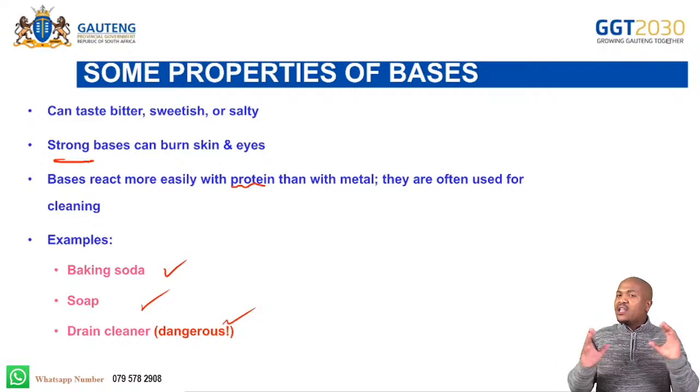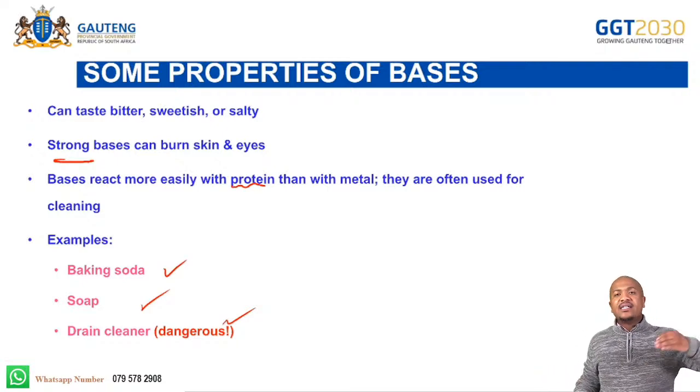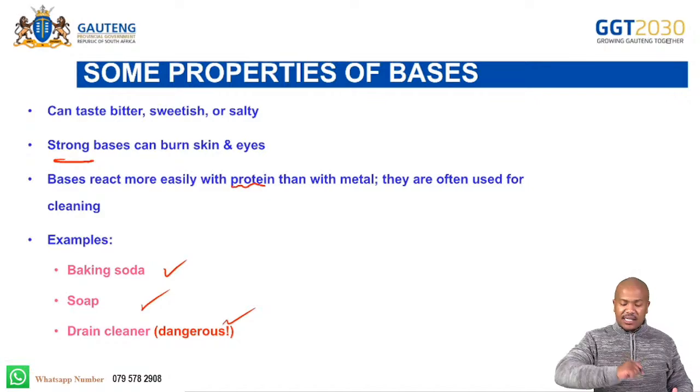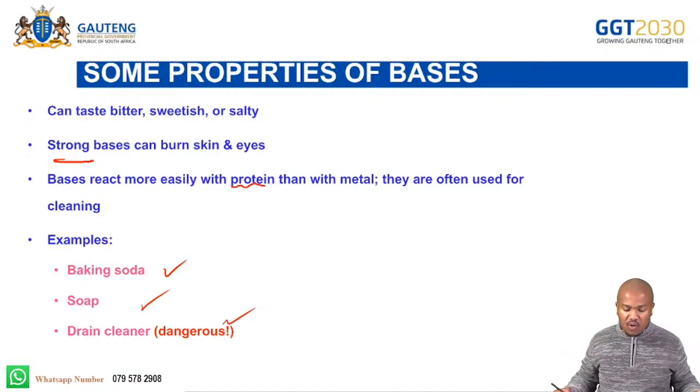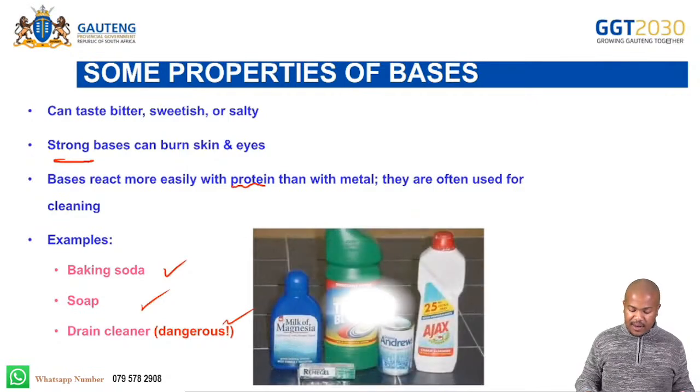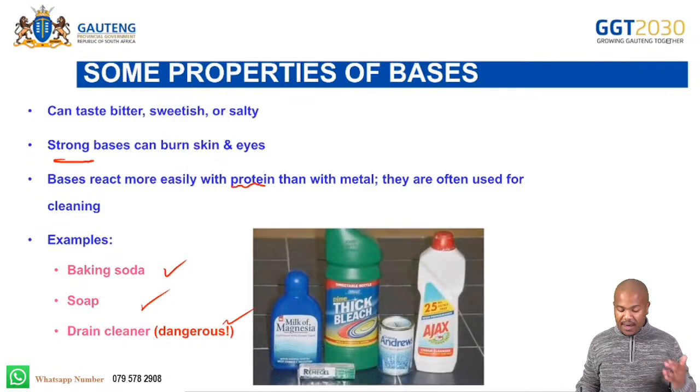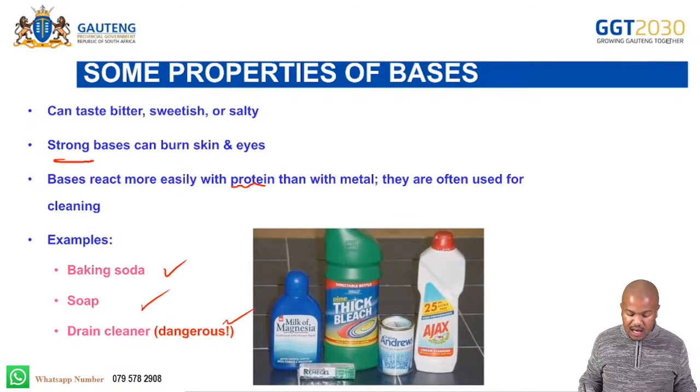Other differences include acids tasting sour, while bases taste sweet, salty, and bitter. Are we together? The examples are also different. Here are some examples of other bases, like milk of magnesia, thick bleach, and so on.